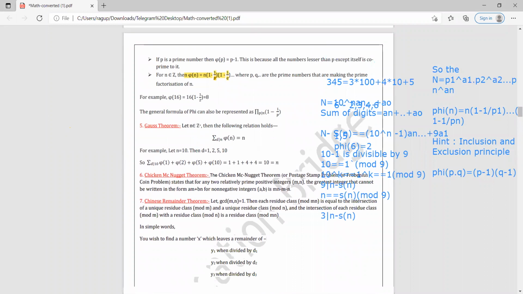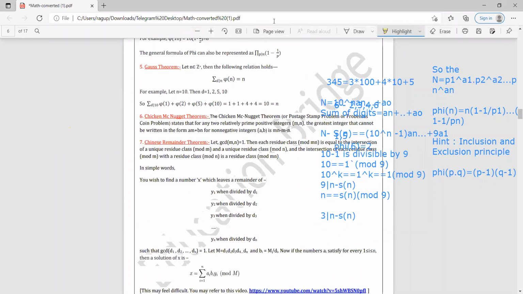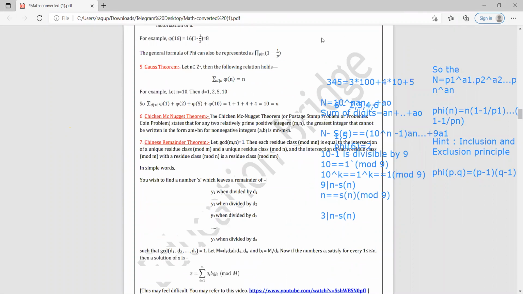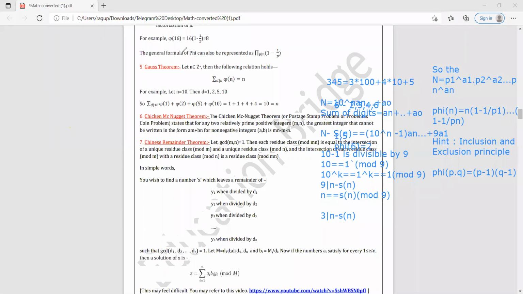So here we have the Chinese remainder theorem. Many of you would know it, and it's very famous because of its name, Chinese remainder theorem.